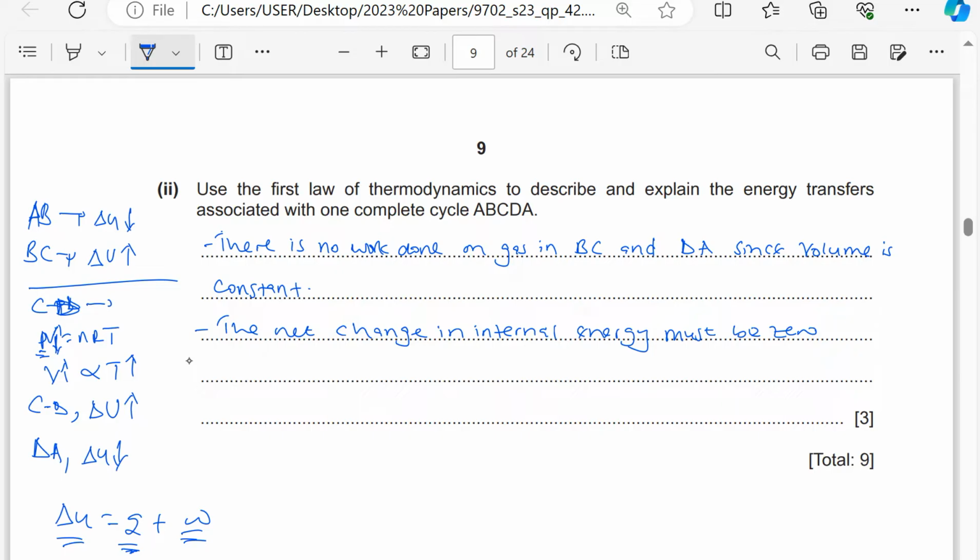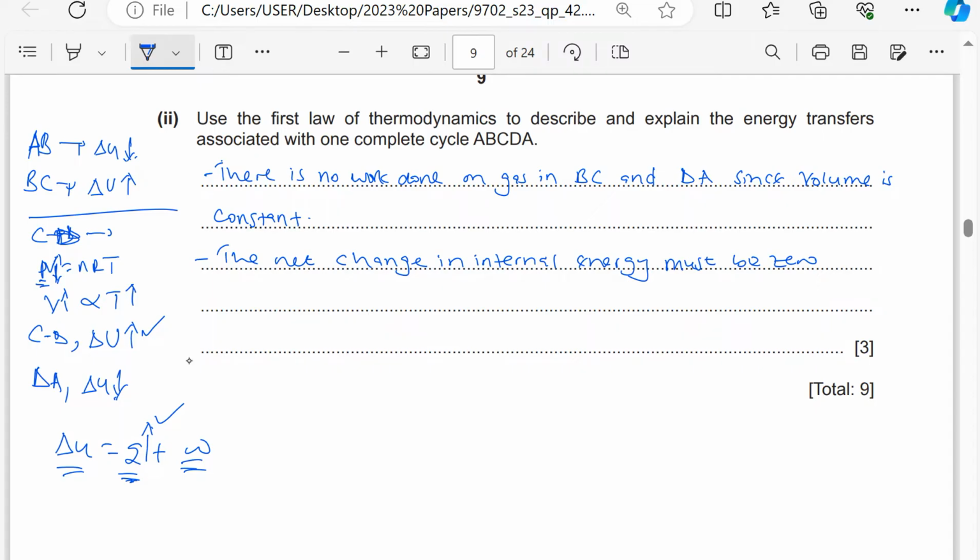So, if A to B there is a decrease in internal energy, and B to C there is an increase in internal energy, it means heat has been added to the system. That's number one. In C to D, there is an increase in internal energy. That one is fine. Then in D to A, there is a decrease in internal energy, which means heat Q must have been lost.